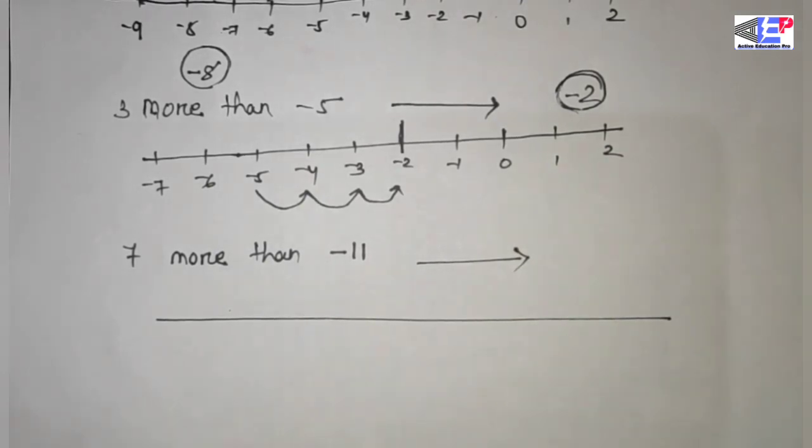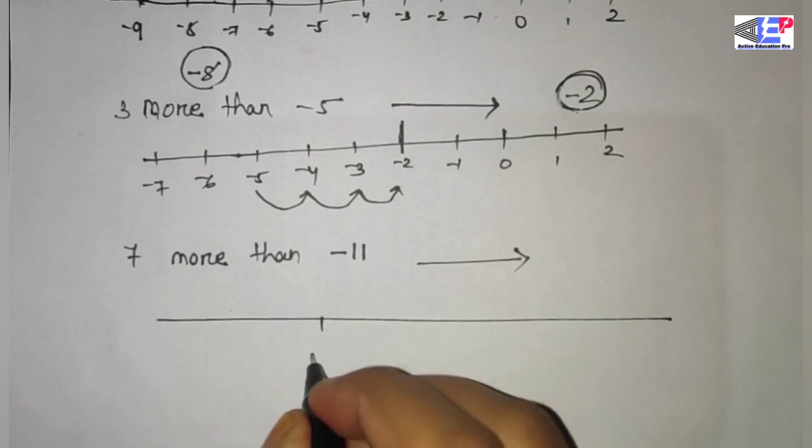Here, more than -11 means you have to move to the right side of -11. So keep more integers towards the right side of -11 and minimum integers, 1 or 2 or 3, towards the left of -11.